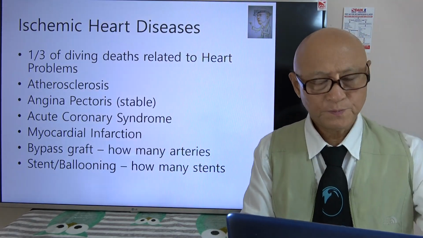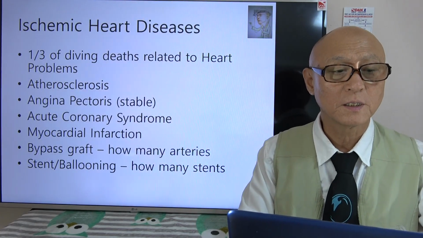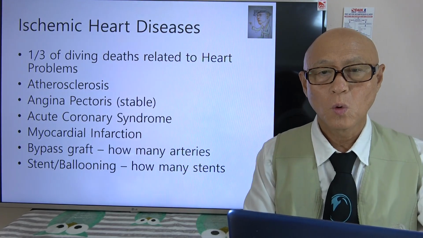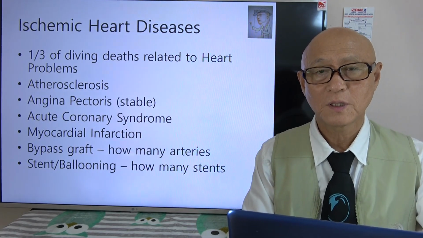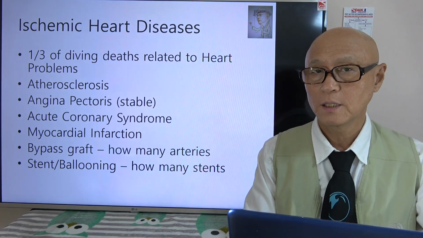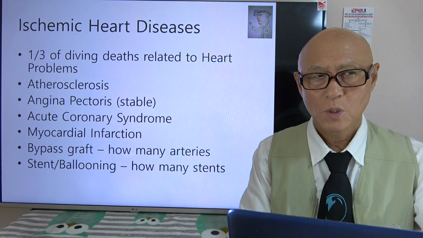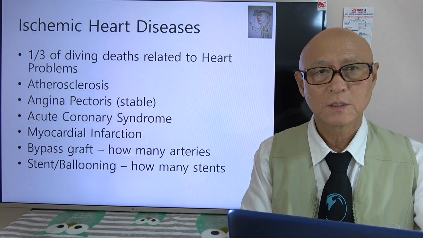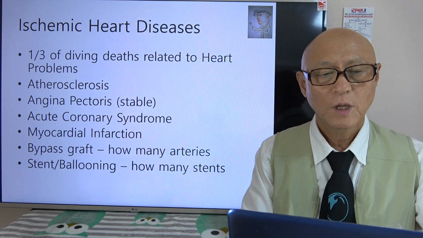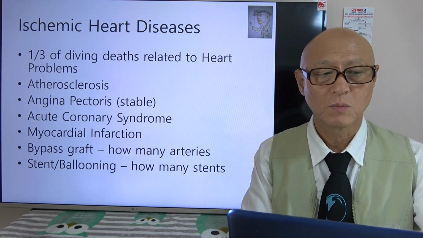There are several different types of ischemic heart disease, and the key point is 1/3 of diving death is directly related to heart disease. So when we have heart disease, like many people do have, we have to take care of the situation as soon as possible.